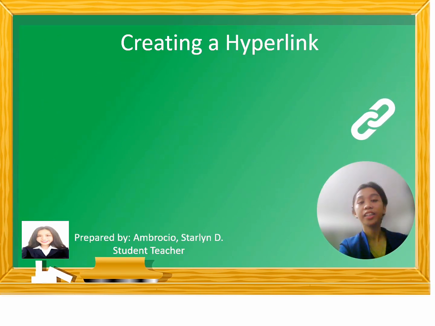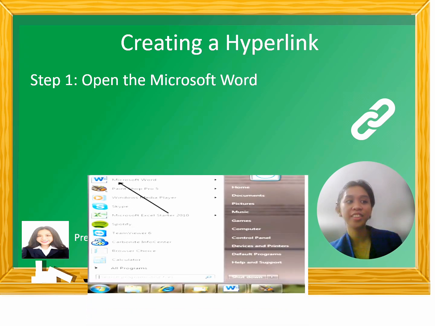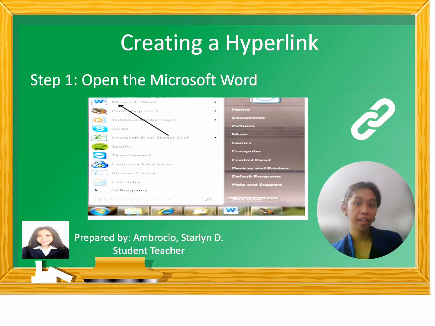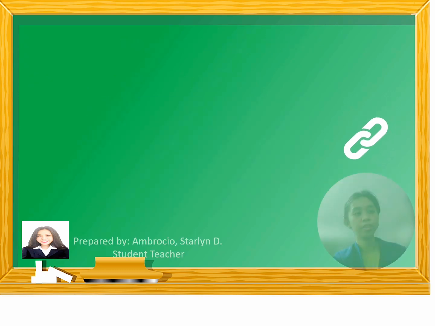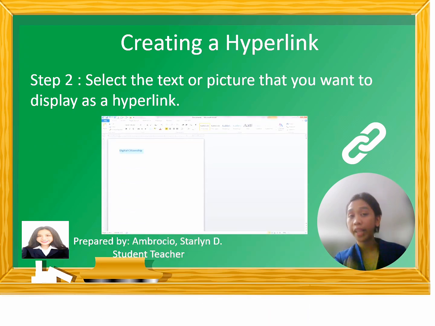So now, let's proceed to creating a hyperlink. Step 1 is to open Microsoft Word. Next is to select the text or the picture that you want to display as a hyperlink.